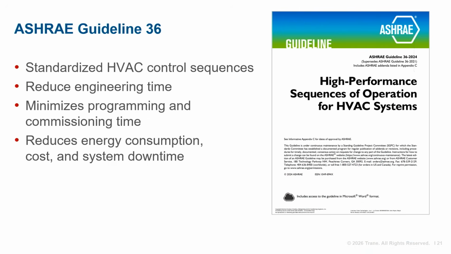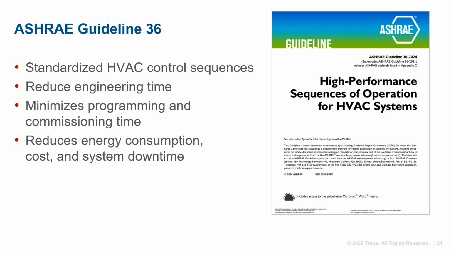ASHRAE Guideline 36 outlines high-performance sequences of operation for HVAC. It aims to standardize control sequences to ensure optimal efficiency and performance. By utilizing these proven sequences, engineering time is significantly reduced. This also minimizes the programming and commissioning time required by contractors.